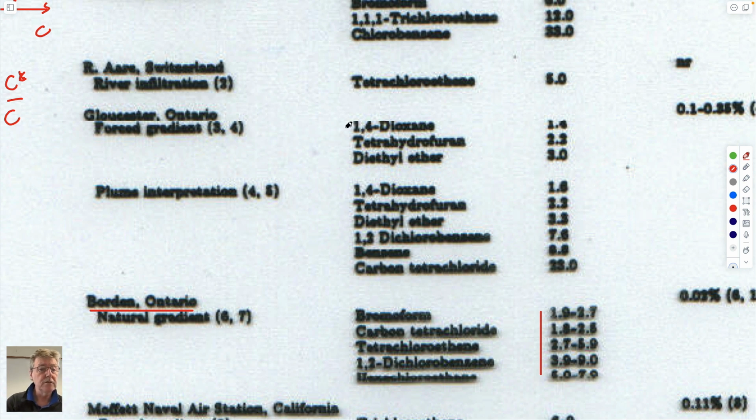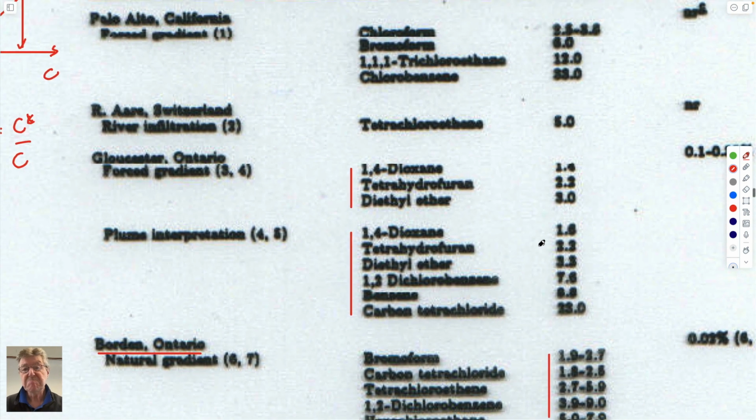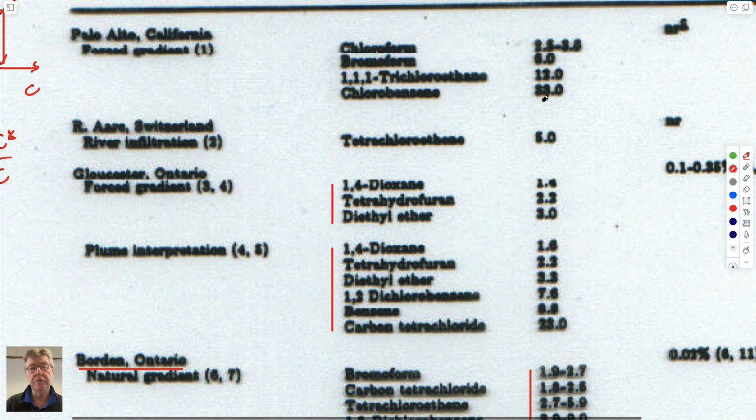This site here is a landfill in Gloucester, Ontario, and it matters whether you do a forced gradient experiment or a natural gradient experiment, but not by very much. They're roughly the same values. You can imagine measuring it in different ways. And I guess the other data point to pull from this is that the biggest number on this chart is of the order of 30.